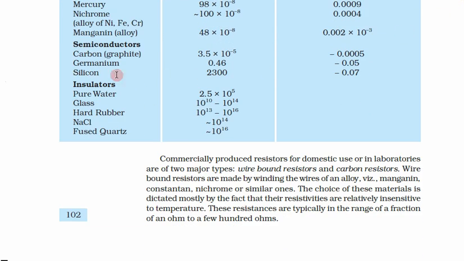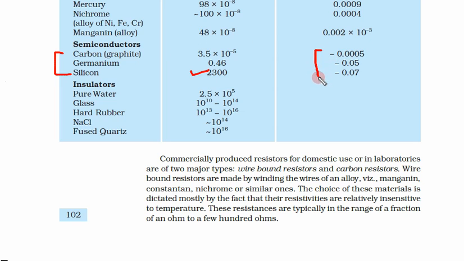Now let us come to semiconductors. These are three semiconductors: graphite, germanium and silicon. Silicon is the most widely used semiconductor. If you see here, graphite has very low resistivity while silicon has a very high resistivity, but silicon is still the most used semiconductor, and there are many reasons for that which we will discuss later.